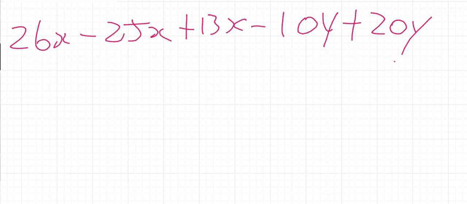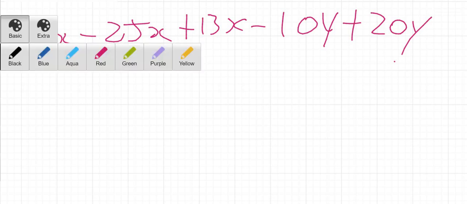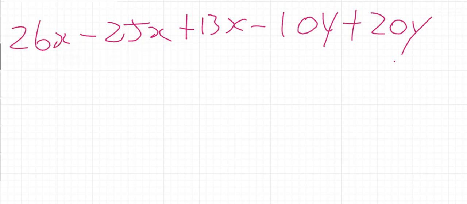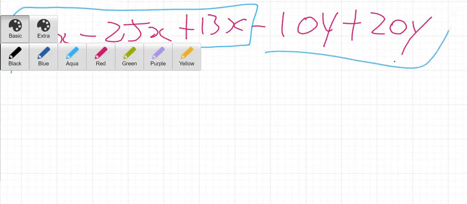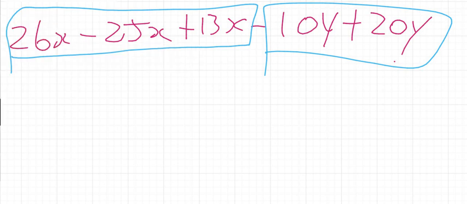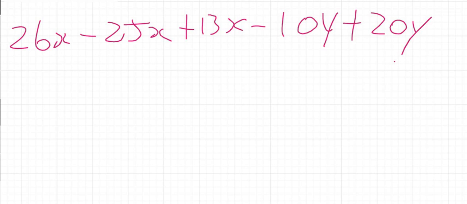With the steps, we identify the like terms, then we group them and we simplify. But if you take a close look, we actually have all the like terms in order already. All the x's are grouped and all the y's are grouped. So we can just go ahead and simplify. So we have 26x minus 25x plus 13x.